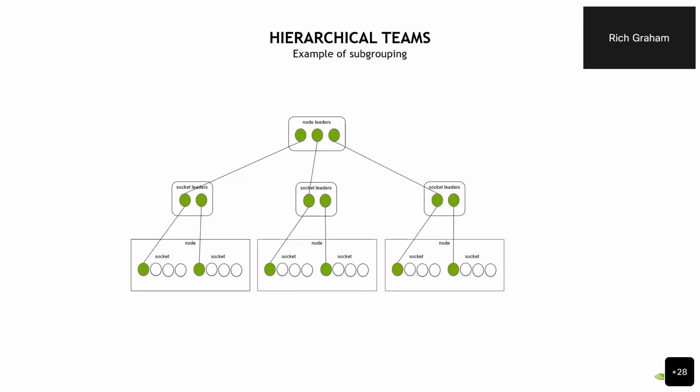You can define each of those, the socket leaders, we'll call them, for each of the sockets to form your second level in the hierarchy. And finally, you can pick one of those from each host to represent your network level of hierarchy. So you would have a team of size 3 at the top level. So this is a three level hierarchy description.